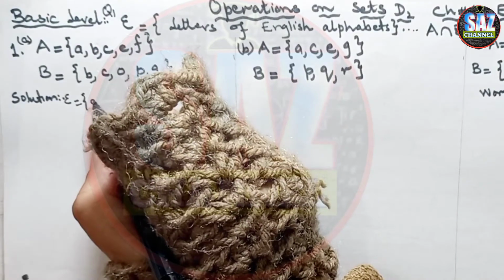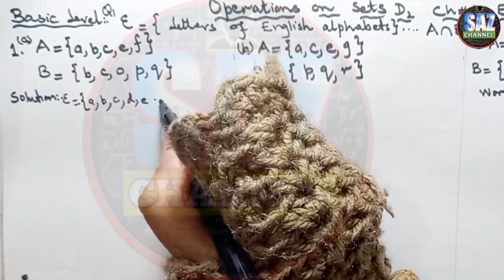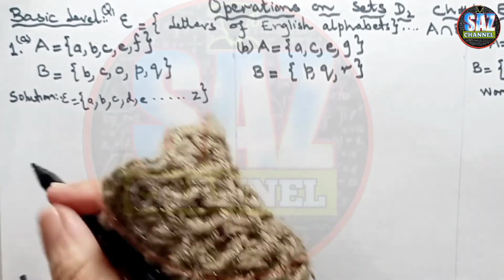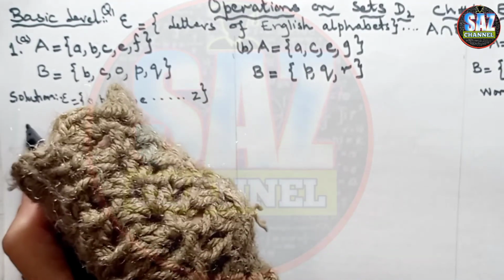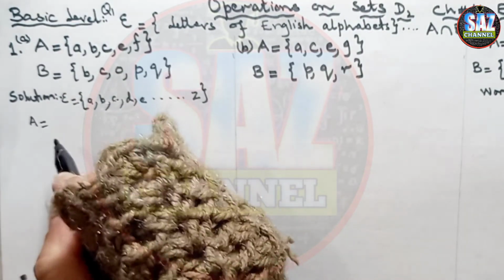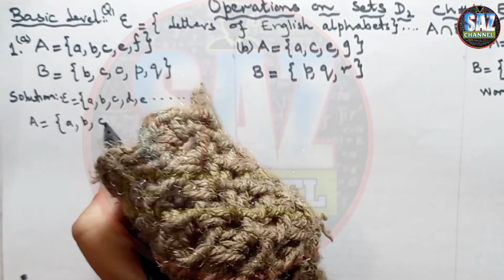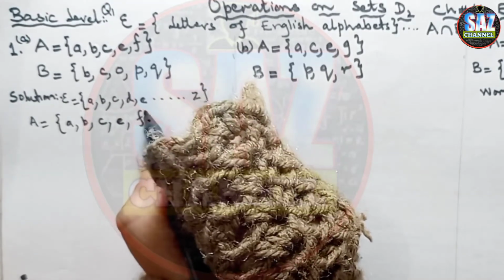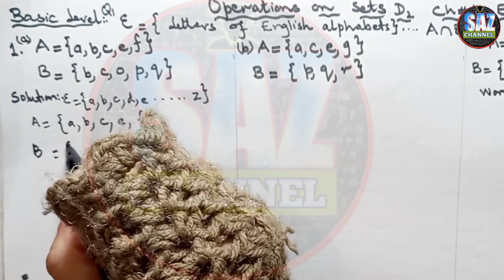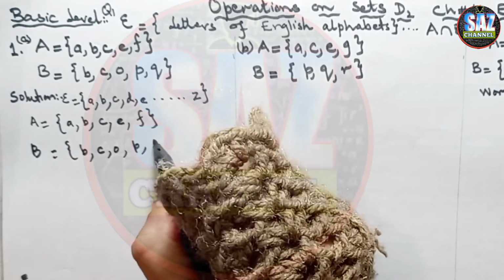So I can write it as A, B, C, D, E, a few elements, and then I can put the dot dot dot and go till the last element, that is Z. Now coming to set A. Set A has the elements A, B, C, E and F. And set B has the elements B, C, O, P and Q.